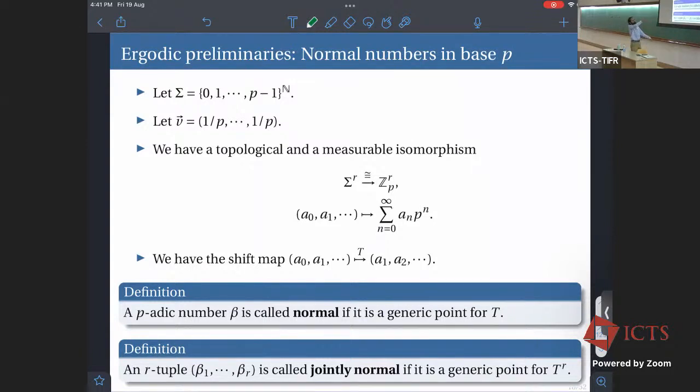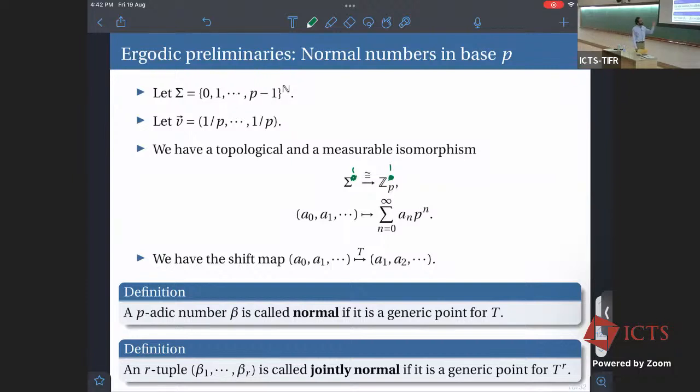Okay. And so if you have this sigma, if you have this alphabet space 0 up to p minus 1, there's an isomorphism between sigma and Z_p, where if you have the sequence of elements between 0 up to p minus 1, you just send it to the p-adic expansion of the element in Z_p.